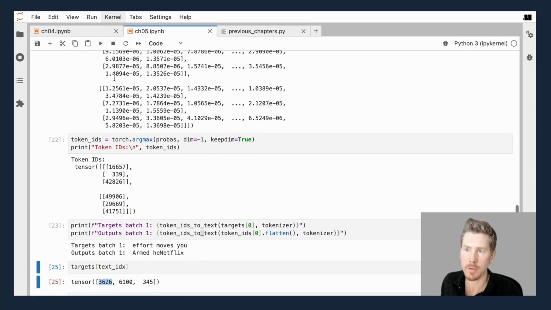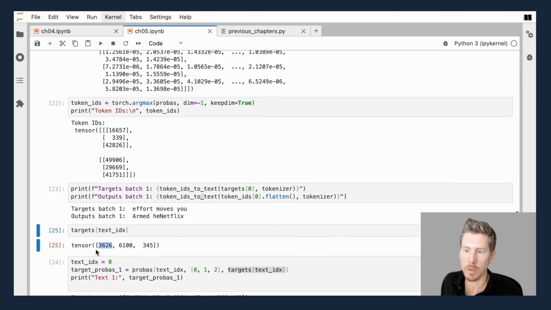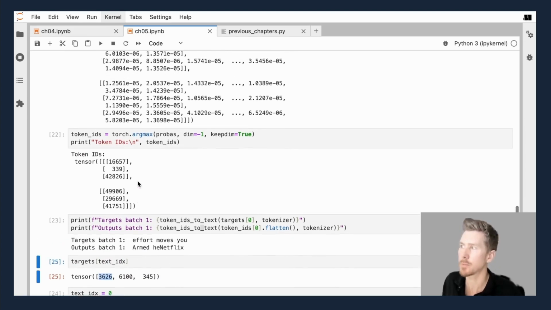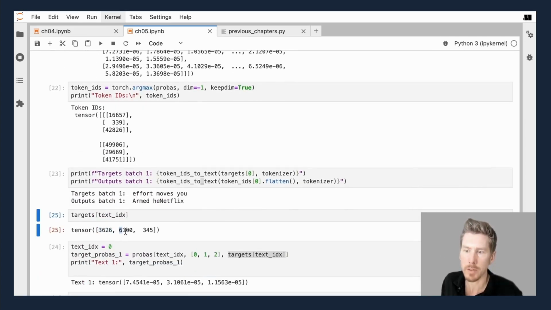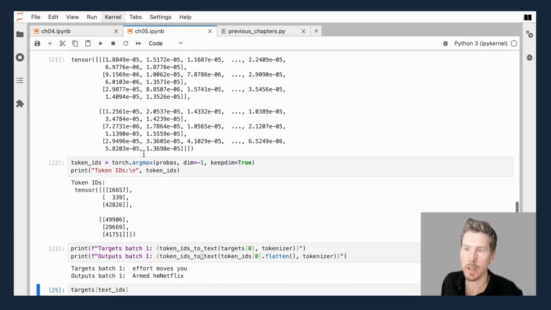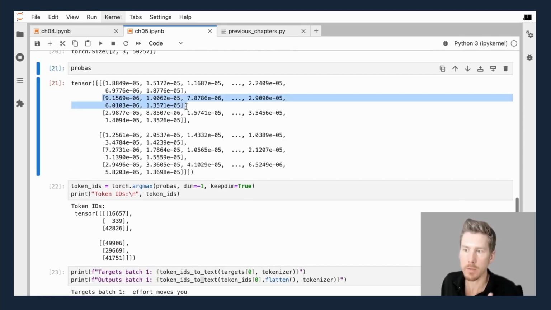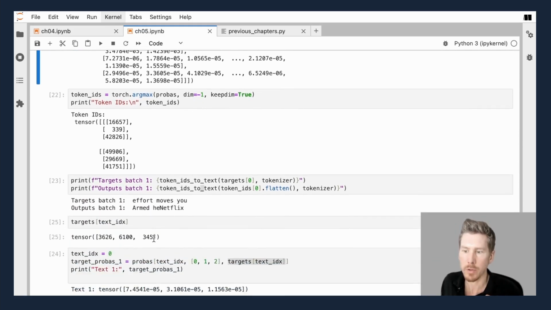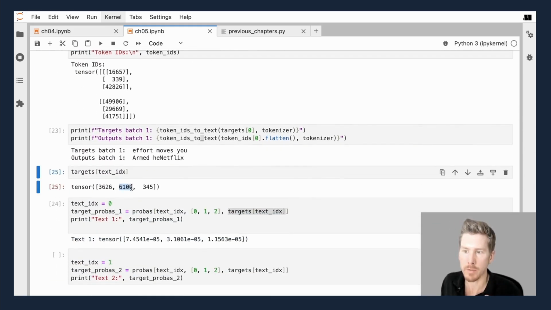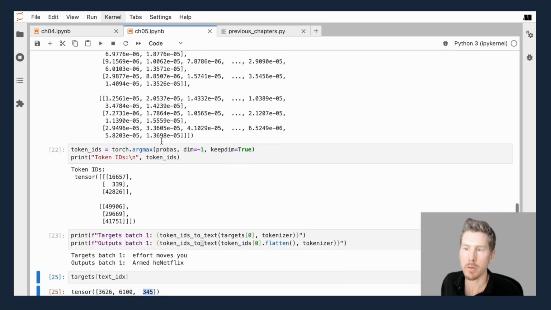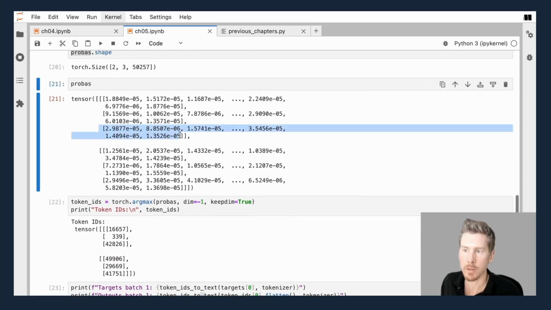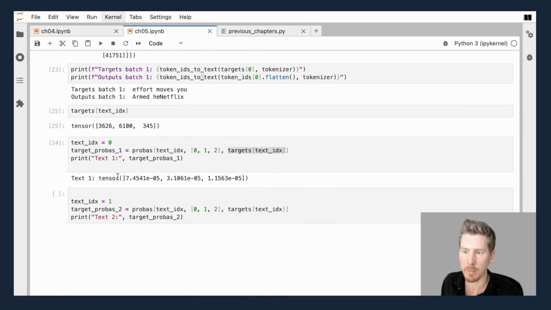So I'm looking up in this first row what is the token ID 3626. And then I'm doing the same thing for 6,100. I'm looking up what is the probability corresponding to position 6,100. And then in the last one, 345, what is the probability at position 345 in this whole vector here? And so that's what I'm extracting.